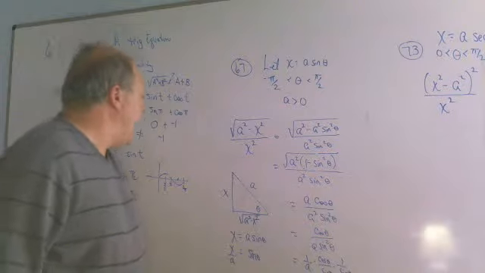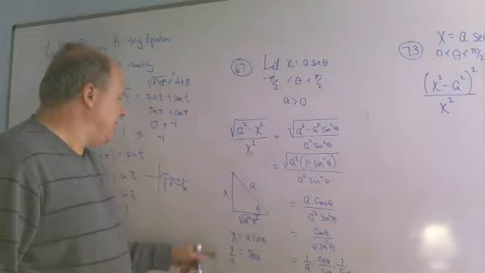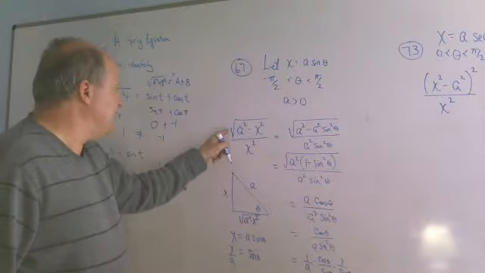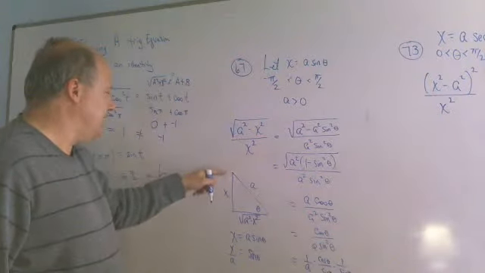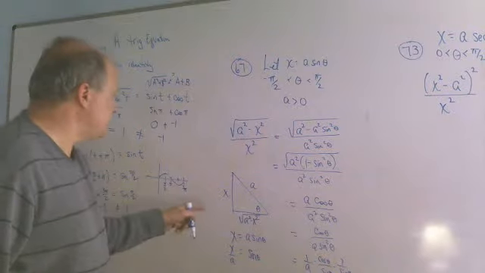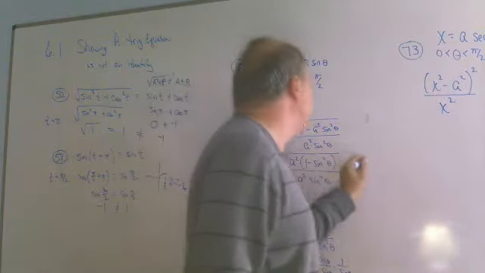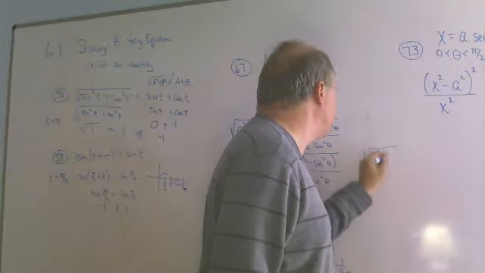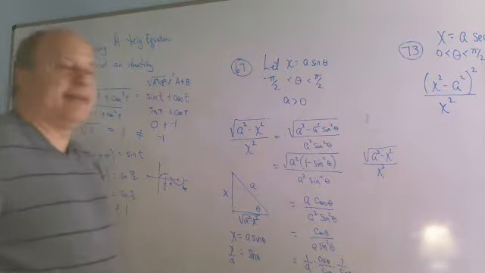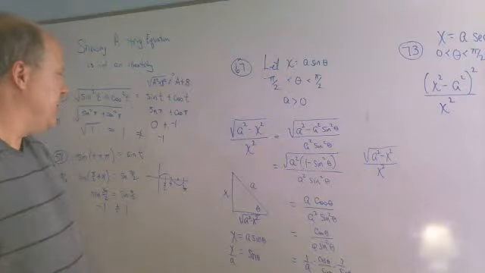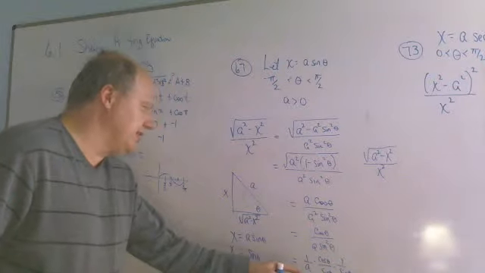So now, how do you do it by just the picture? Okay, well, if you look at this, the square root of a squared minus x squared over x squared. Now let's look at that. So if you had this as your original problem, square root of a squared minus x squared over x squared, now if you look at this, we have 1 over a times the cotangent of theta times the cosecant of theta.